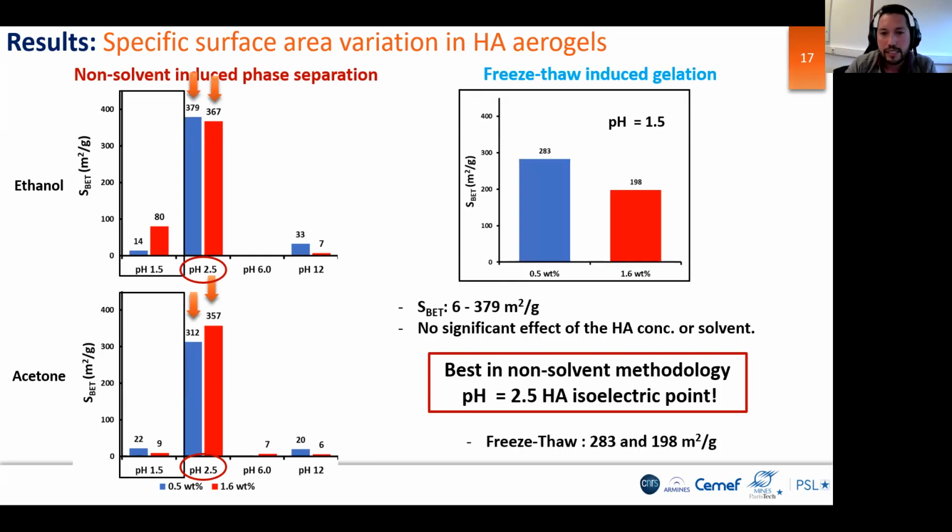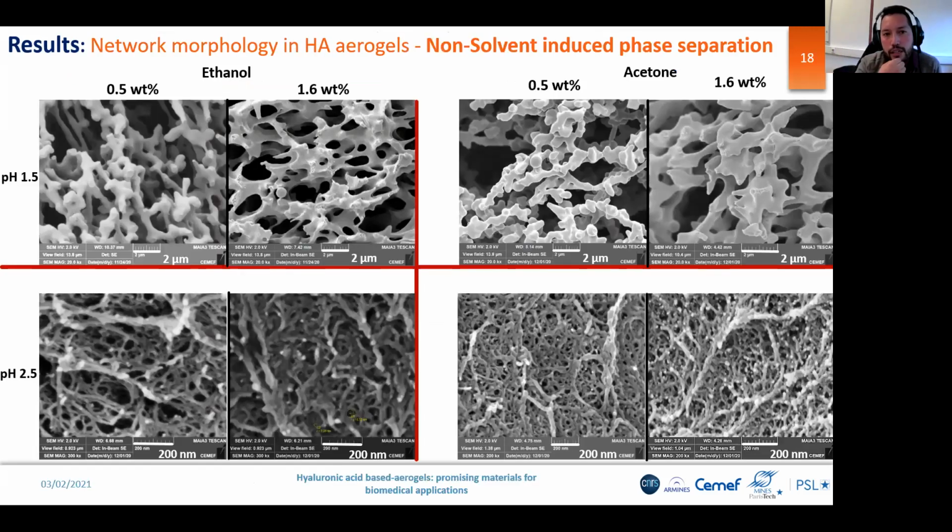In the case of the second methodology, freezing the precursors, for both cases we get aerogels, also with nice and important surface area. So we wanted to confirm all these results, and for that, we did the evaluation of the network morphology using SEM.